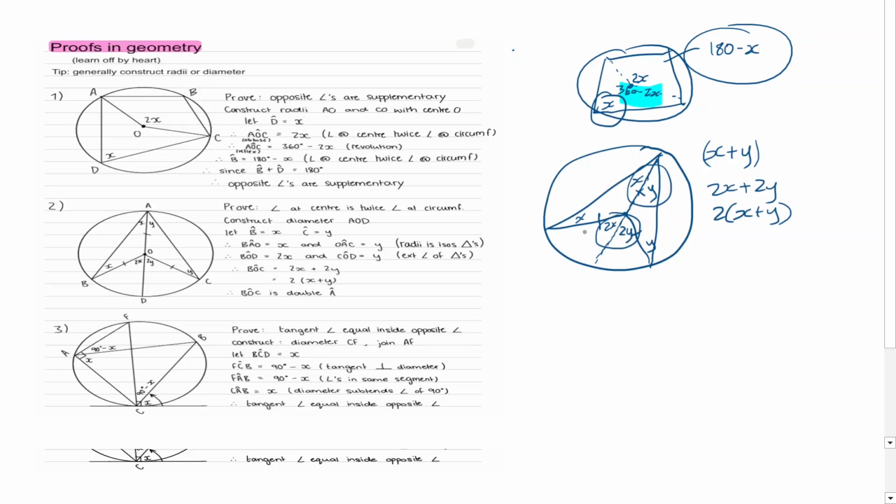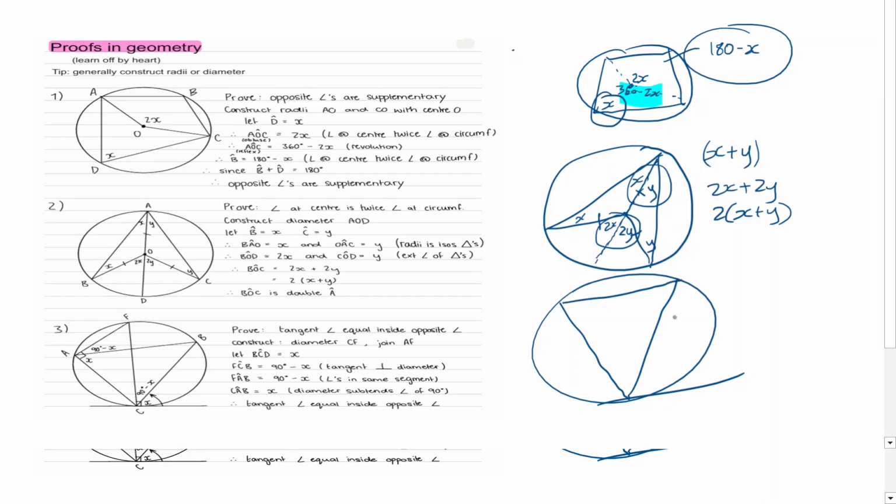Or if I took out a 2, it would be x plus y, which is double the circumference. Last one. If you get asked to prove the common tangent theorem, where this angle is meant to be equal to that, again you draw a diameter, you construct one, and you join it to the angle that you're trying to get equal to x.